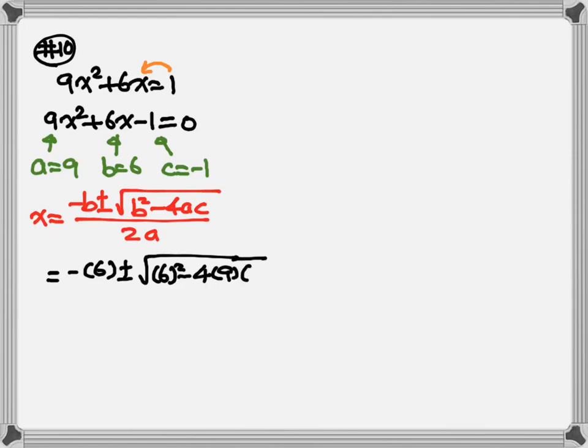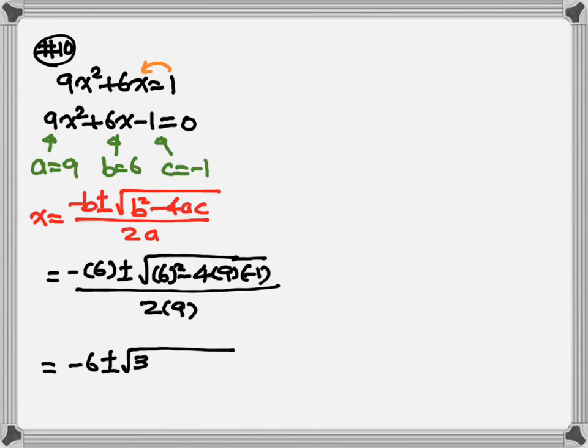My c is negative 1. Over 2a. A is 9. So here we have negative 6 plus minus, 6 squared gives you 36. Then after that, we're going to multiply: negative 4 times 9 times negative 1 becomes plus 36, over 2 times 9, so that's 18.